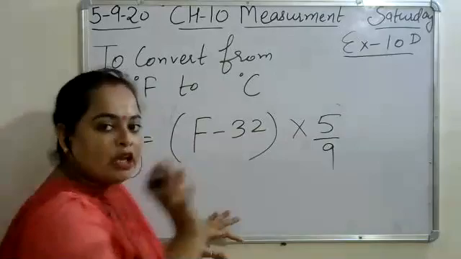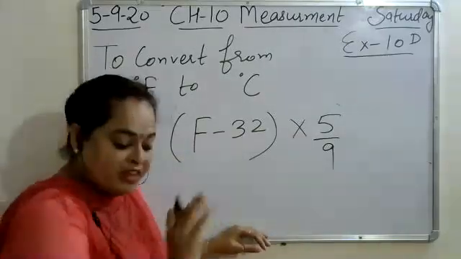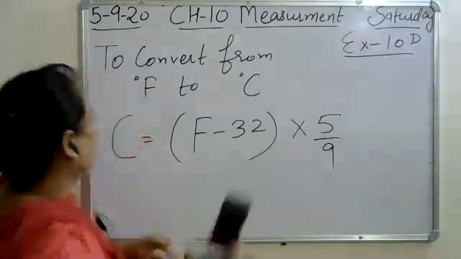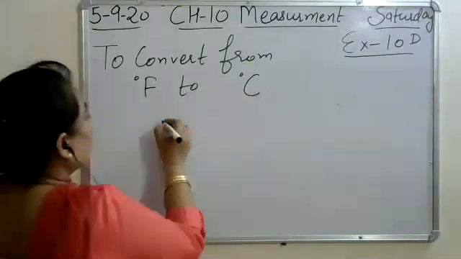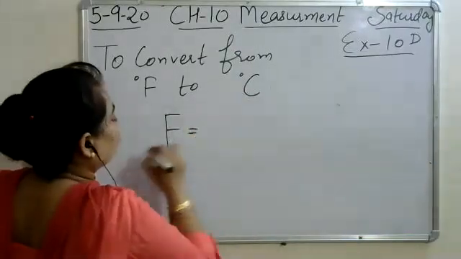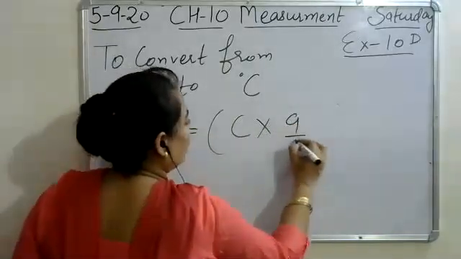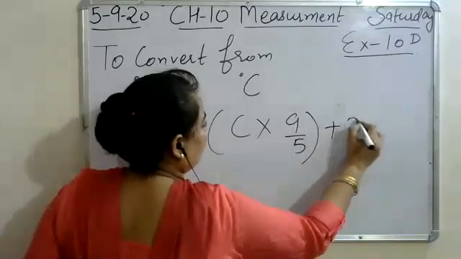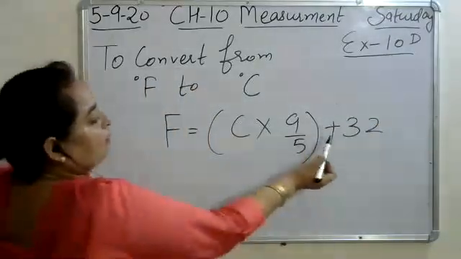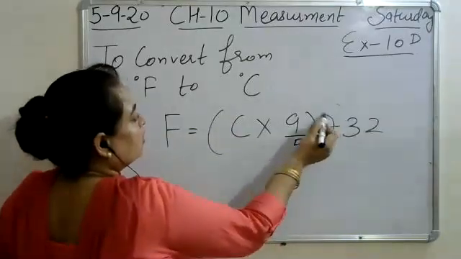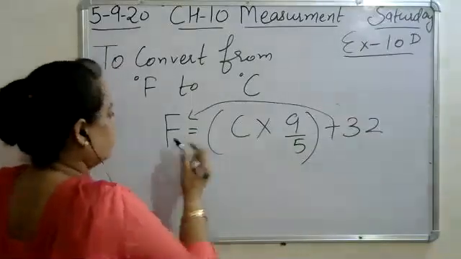This is not a new formula. It is the modified form of the previous formula. I am explaining. Look here. In the previous formula, we have Fahrenheit is equal to Celsius into 9/5 plus 32. This is the formula, na? Now, plus 32 shifts here, plus will change to minus.